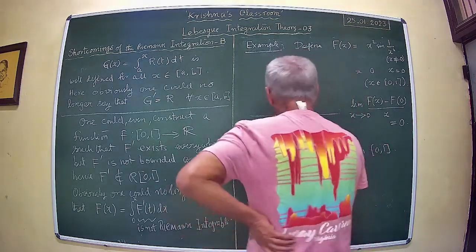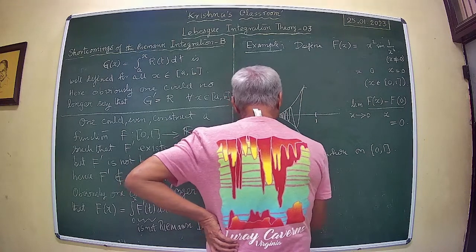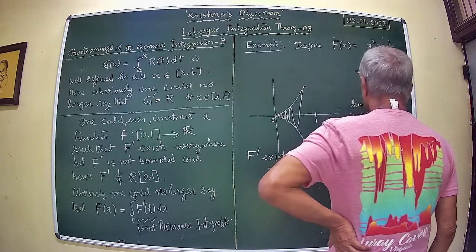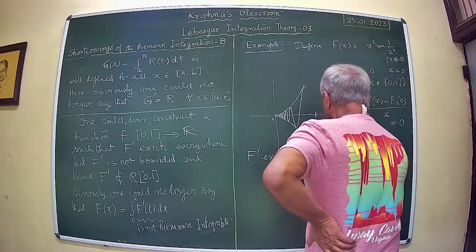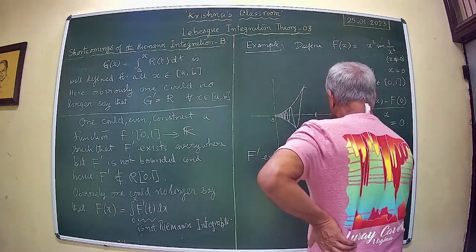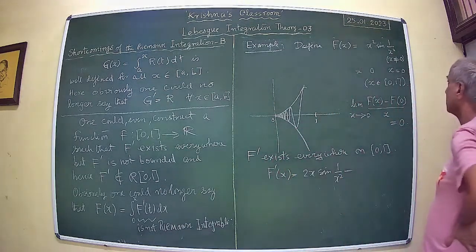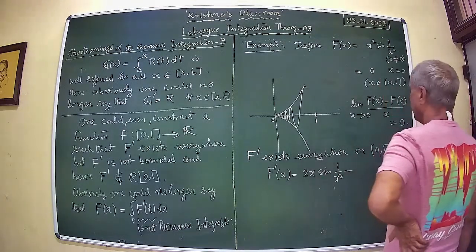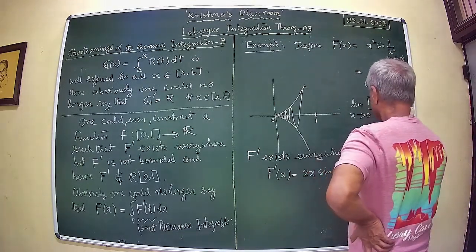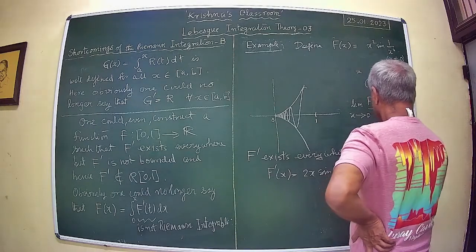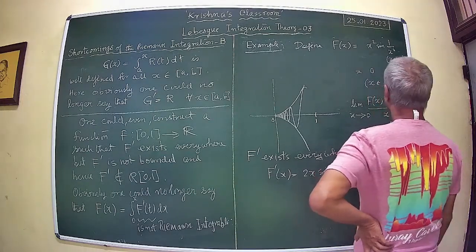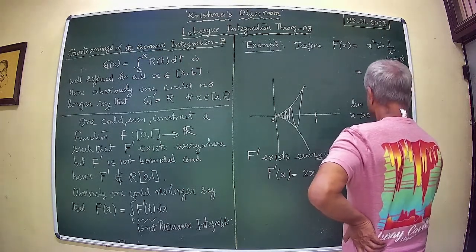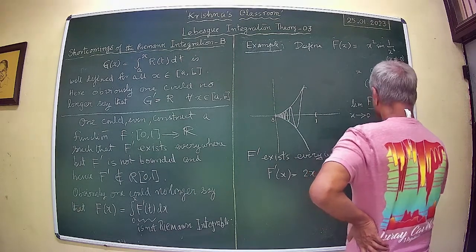What about f derivative of x? It is 2x sin(1 by x square) minus (2 by x) cos(1 by x square).